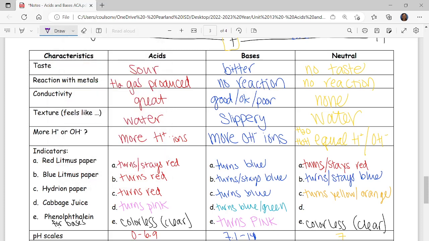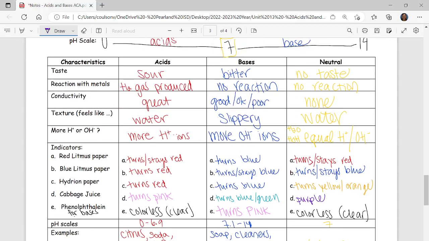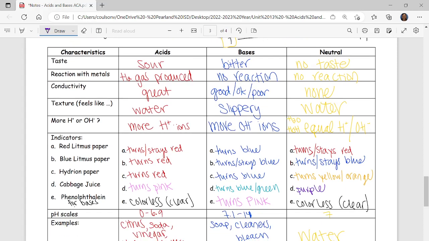Like if you took Kool-Aid and added more water to it, it's going to just get lighter, but it's going to be that same color. So light purple. And then, like we already said, phenolphthalein will be colorless in the presence of water. And then we have already filled out all of the examples and the pH scale, so make sure that you've got that all in your own notes.